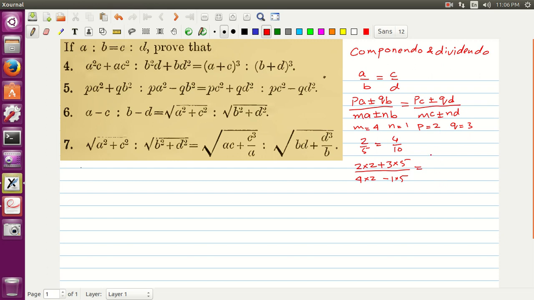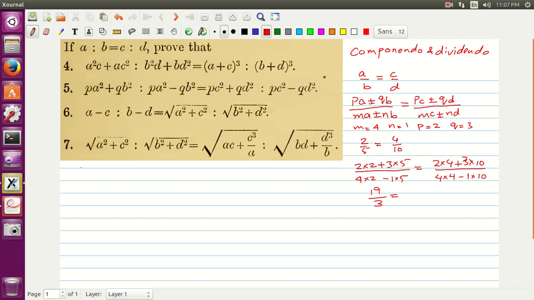Now we do the same operation to this fraction, so it becomes 2 times 4 plus 3 times 10, divided by 4 times 4 minus 1 times 10. So here you get 4 plus 15 is equal to 19 by 8 minus 5 is equal to 3. Correct?